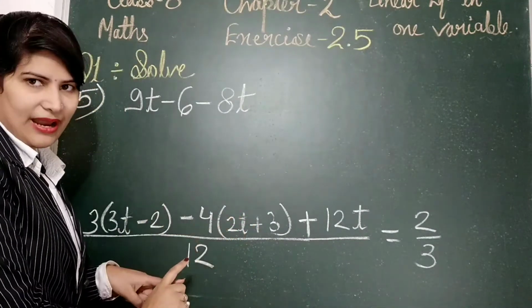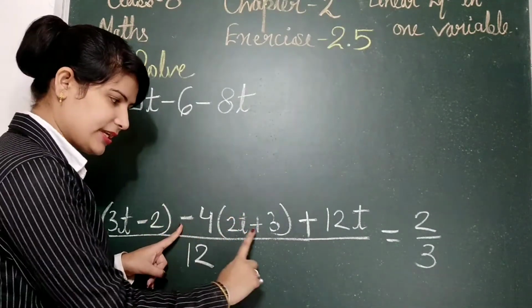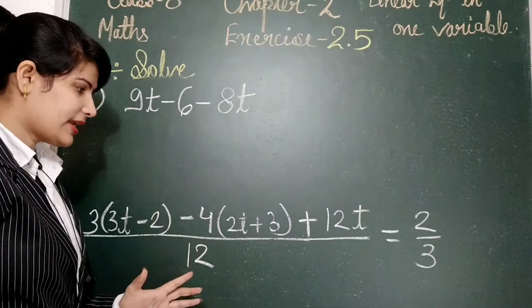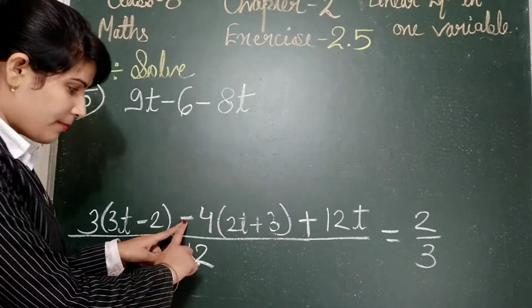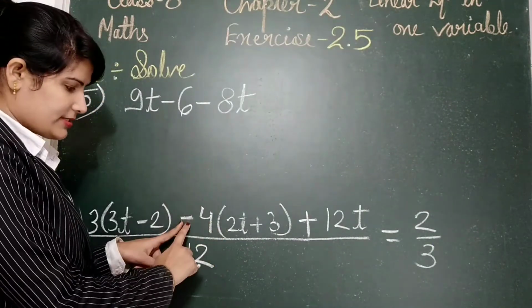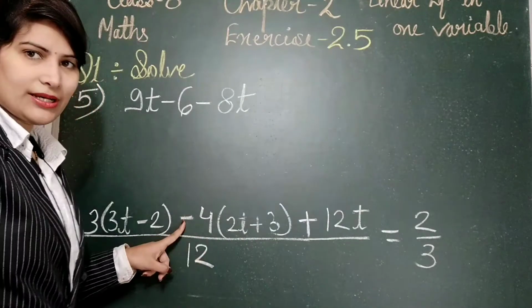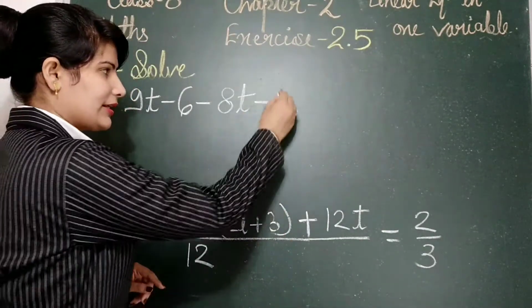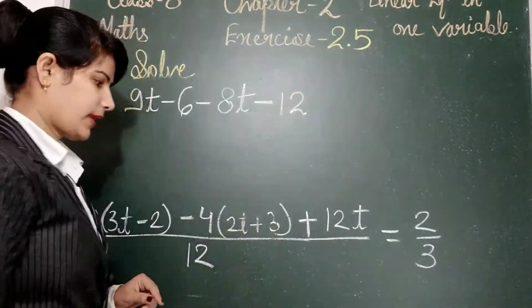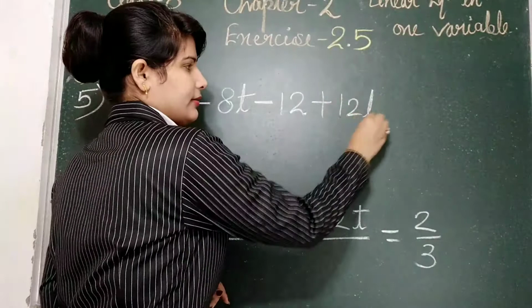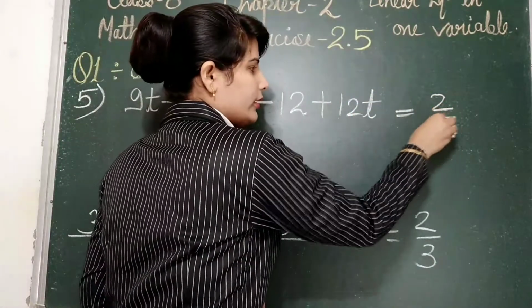Both will be multiplied. Minus into plus, what do you get? Minus. We have to take a lot of care with signs. Minus into plus you get minus, and again minus into plus you get minus. So 4 into 3 you get 12. Now plus 12t is equal to 2 upon 3.